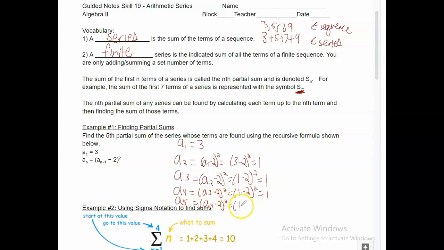So I would find the sum of the first 5, which is 3 plus 1, 2, 1, 2, 3, plus the first 5 terms, which would get me 7.